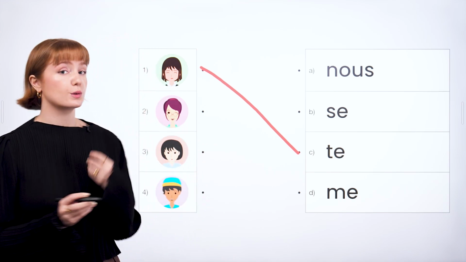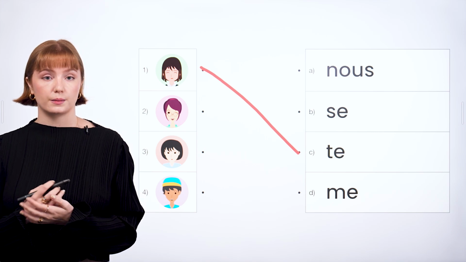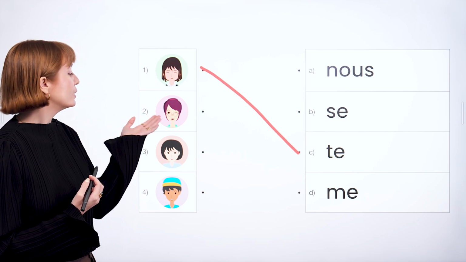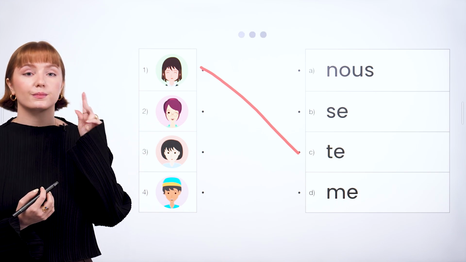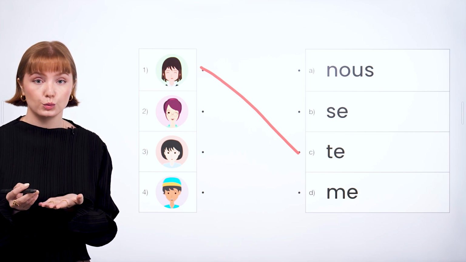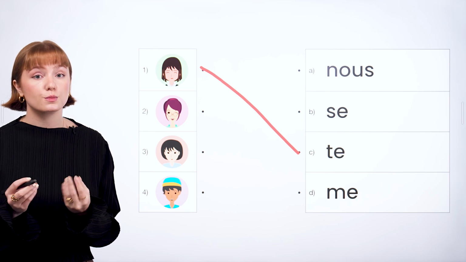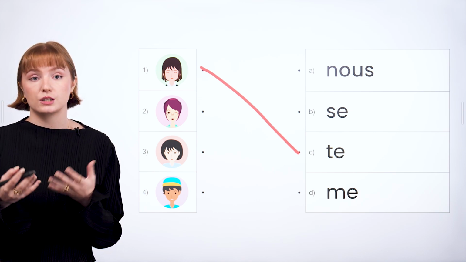How about, nous nous habillons pour sortir? Let's listen one more time. Nous nous habillons pour sortir. Did you hear nous? Nous, meaning ourselves, is used before a reflexive verb to show that the subject is doing the action to themselves.